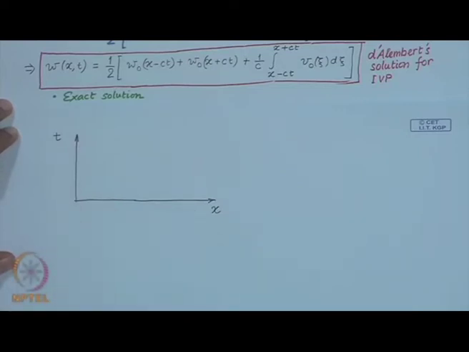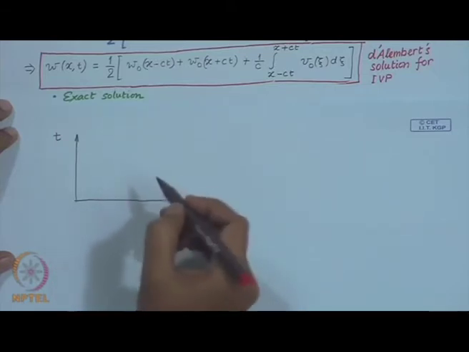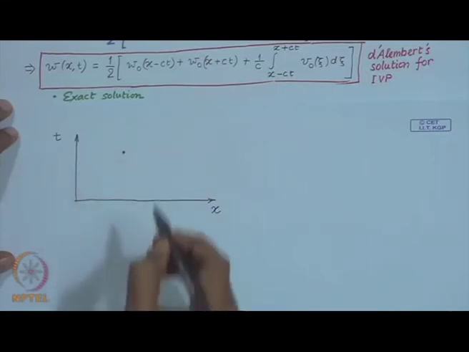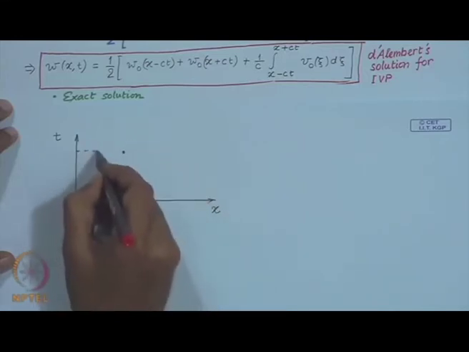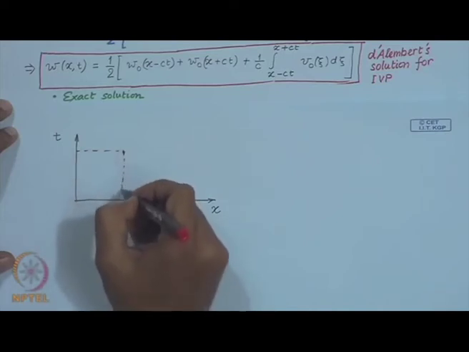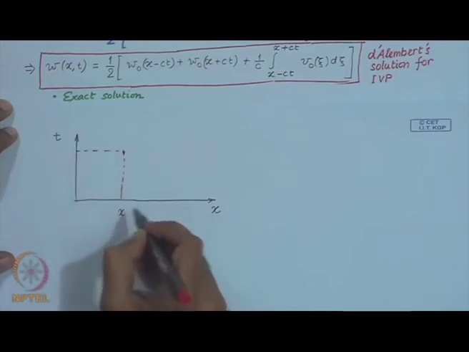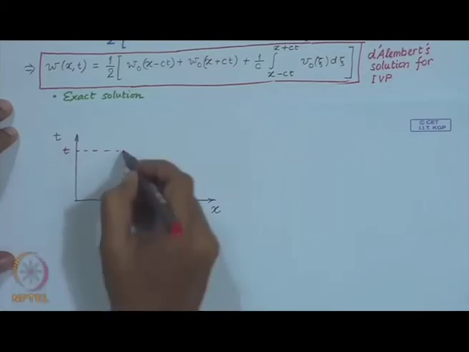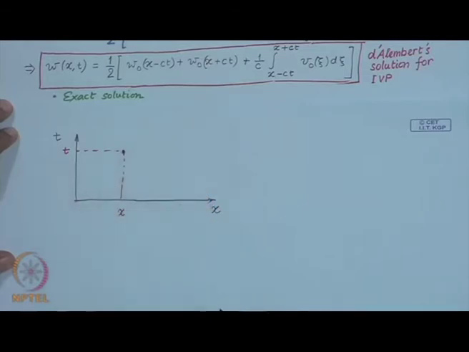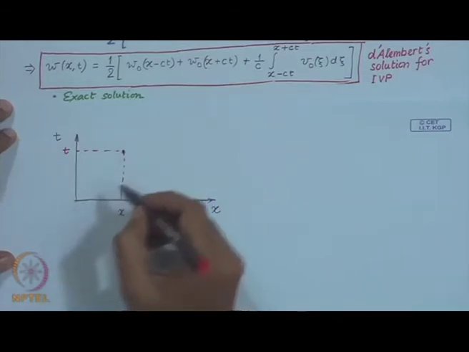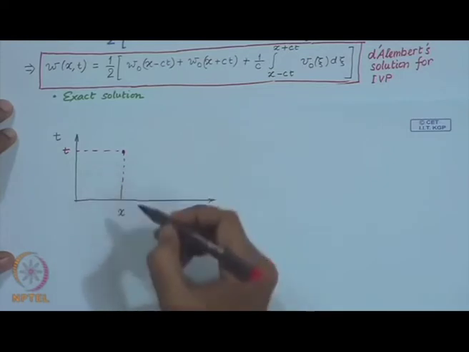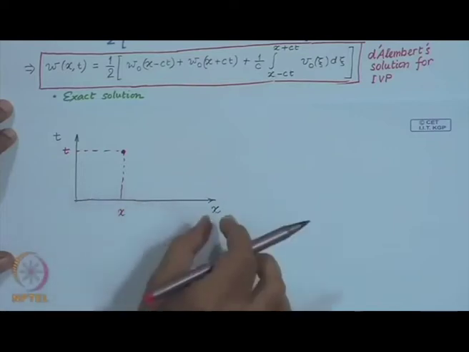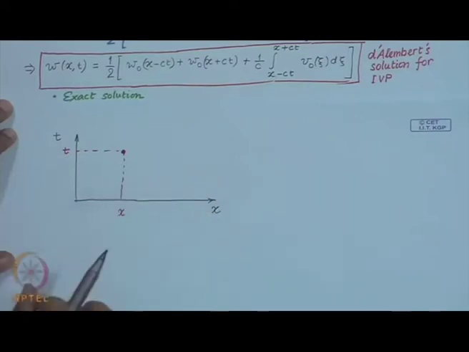We have seen in the last lecture that the solution at any point x, t is a summation of a positive travelling wave and a negative travelling wave.